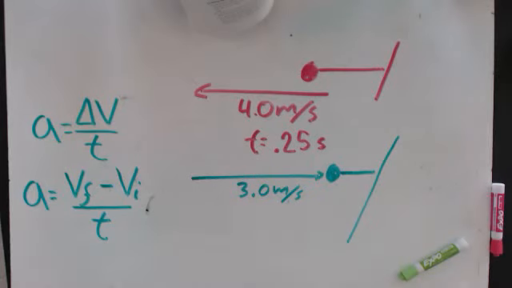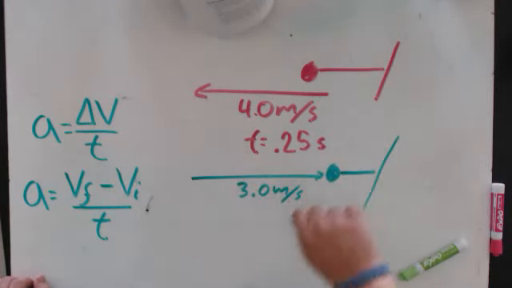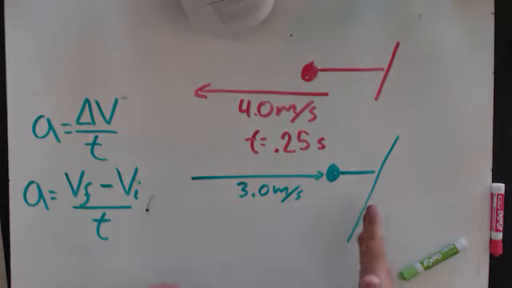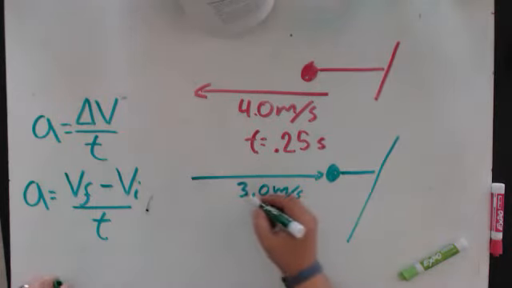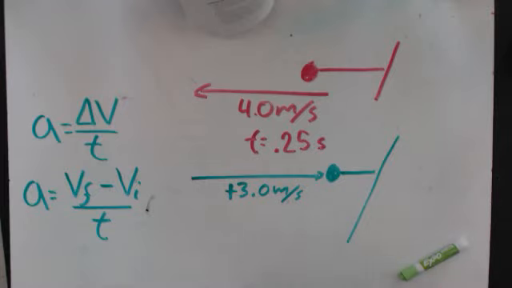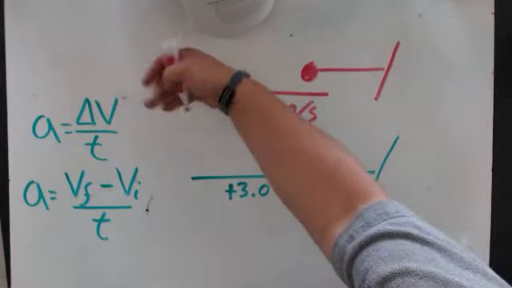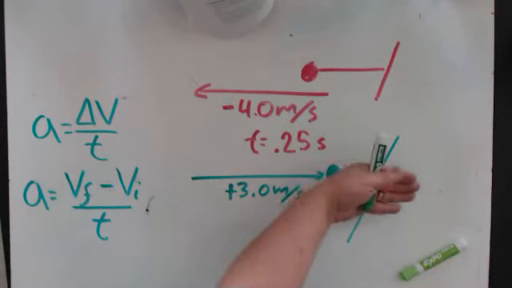But the important thing to remember when dealing with this kind of situation is the ball is moving this way, then the ball is moving this way. Okay? I'm going to say everything moving towards the paddle is positive, and everything moving away from the paddle is negative. Okay? So I'm going to say motion in this direction is negative, motion in this direction is positive.